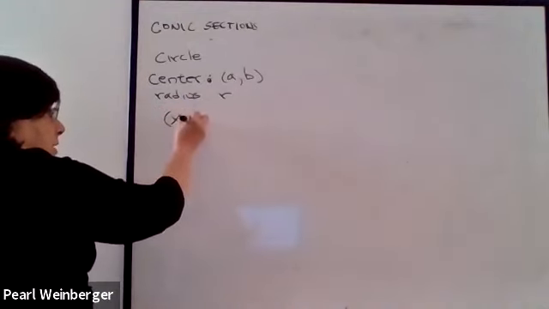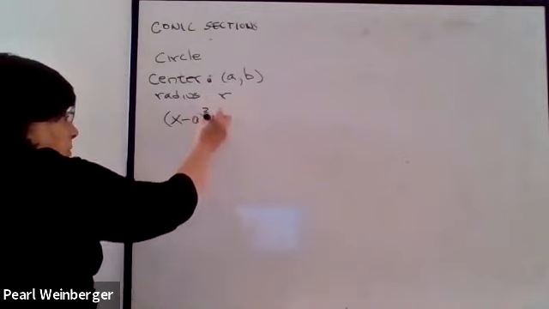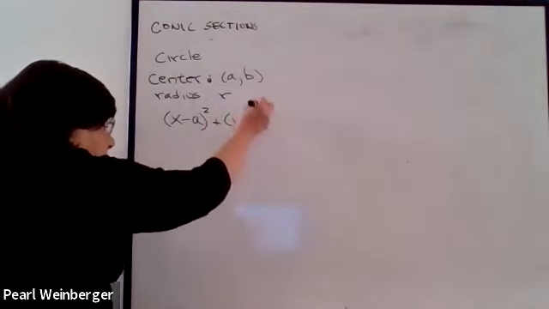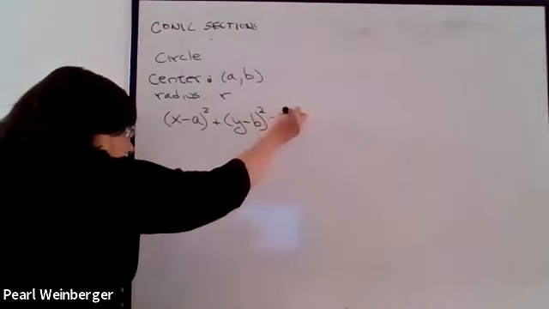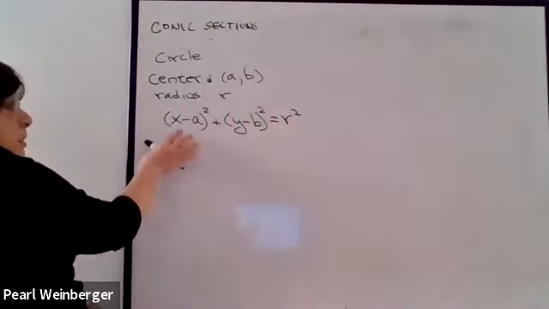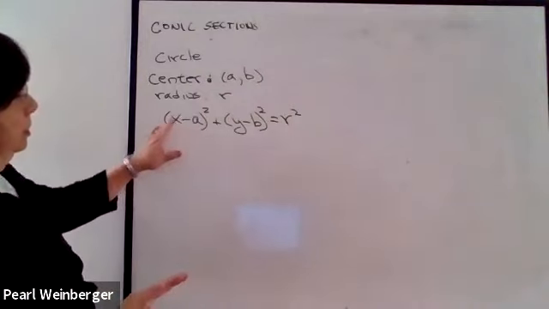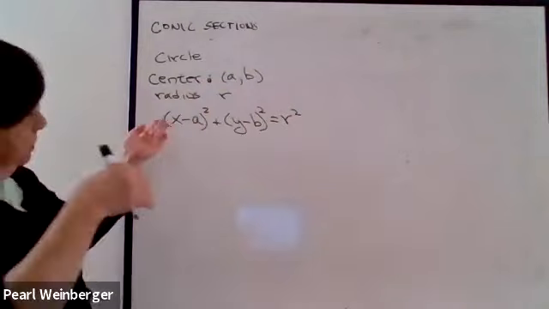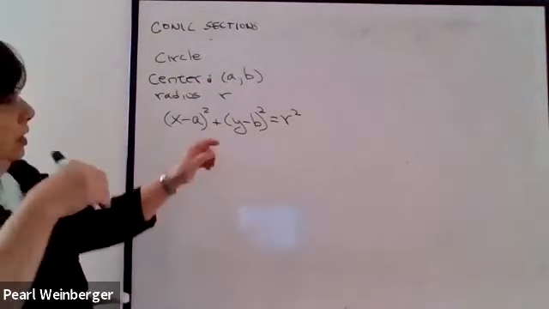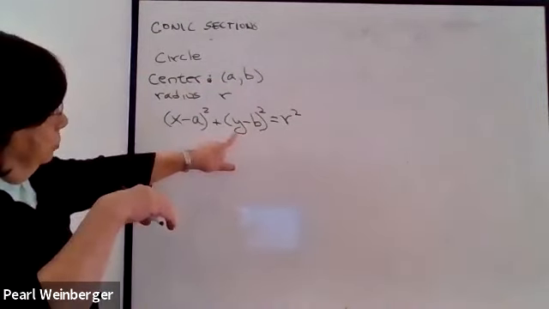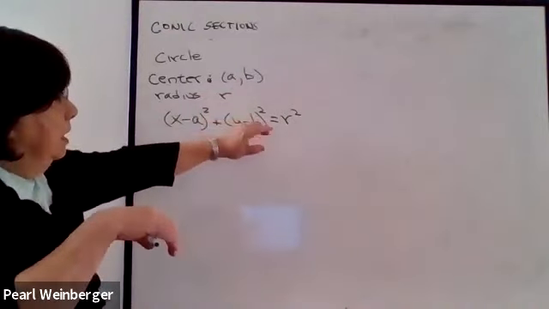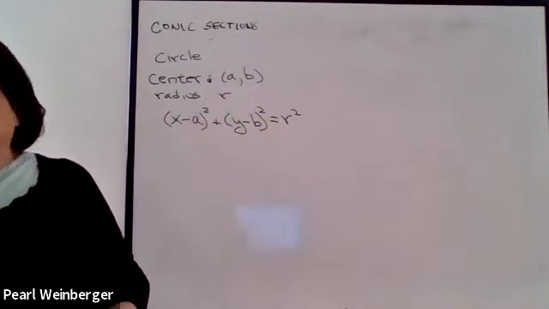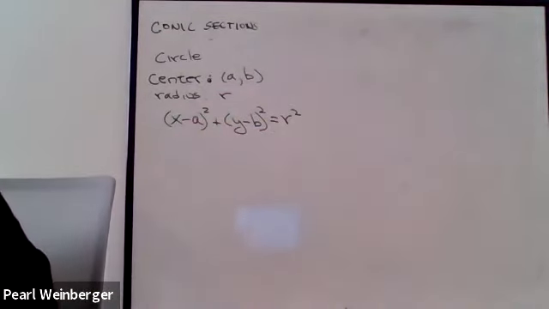X minus a squared plus y minus b squared equals r squared. In other words, instead of just having a plain x squared, you take the x minus a and then you square it, which means, of course, you're going to have an x squared. And with the b, you do y minus b squared, and then that equals r squared, just like we did with the regular circles.